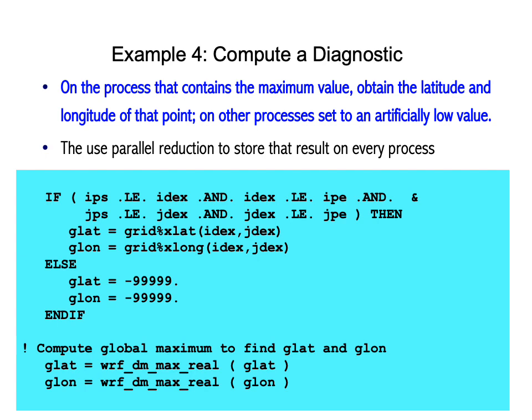For this example, we specifically chose to require the latitude and longitude be part of the printout. So it is a single call to a built-in function of the WRF model to get a sum of all of the individual local sums from each of the MPI tasks. It is a single subroutine call to get the maximum of the entire grouping of MPI tasks and the I and J index.